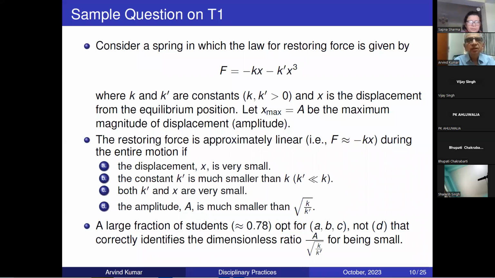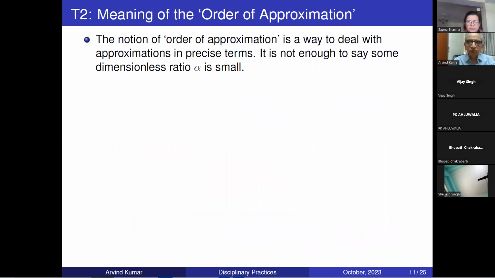So the next thing is the notion of the order of approximation. This again is not very well known, although it's taken for granted by physicists. The notion of order of approximation is a way to deal with approximations in precise terms.